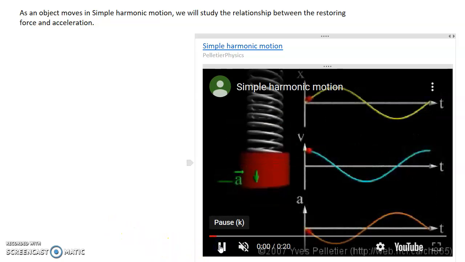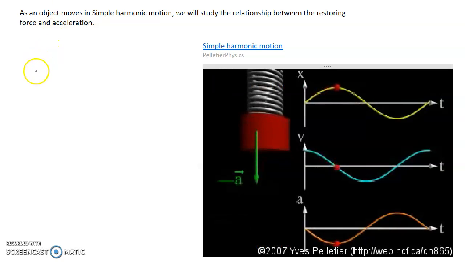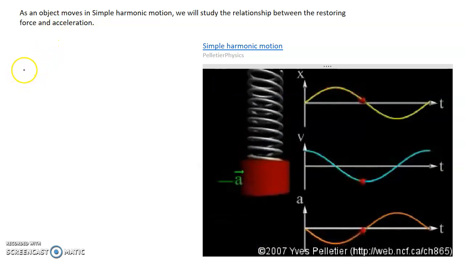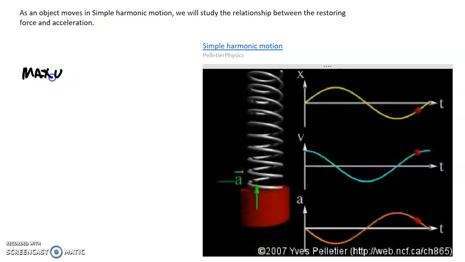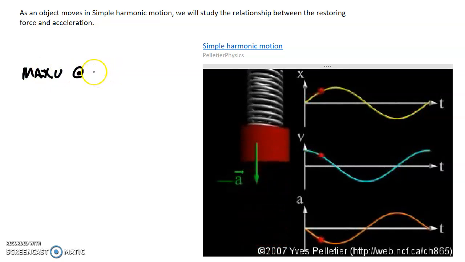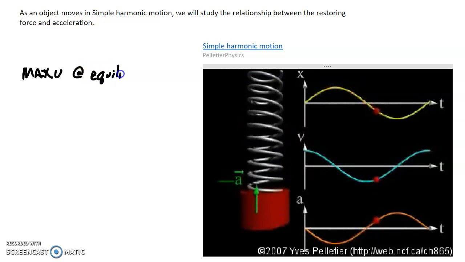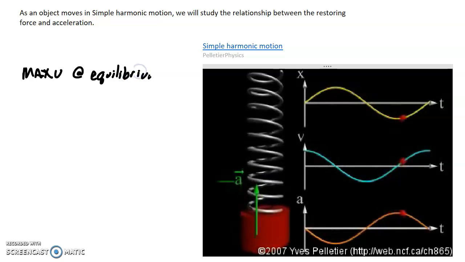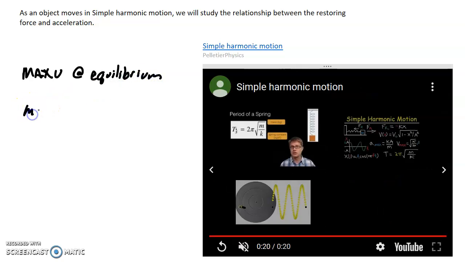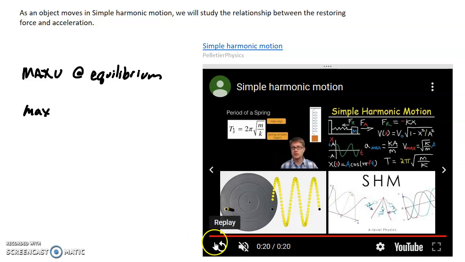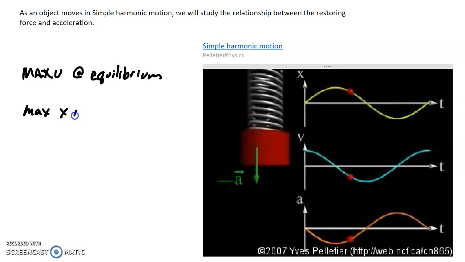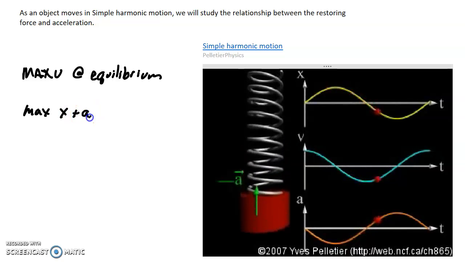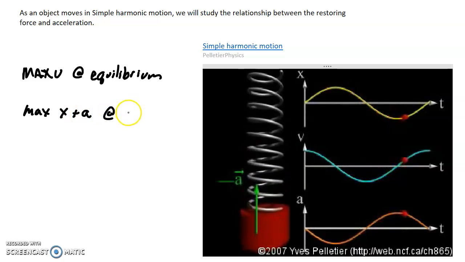Okay, so we will see that you will have maximum velocity at the equilibrium. Maximum displacement and acceleration at the amplitudes.